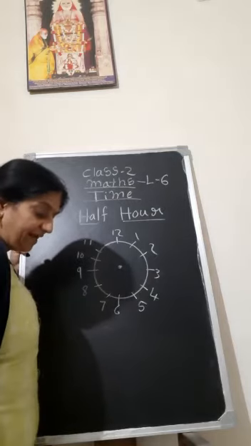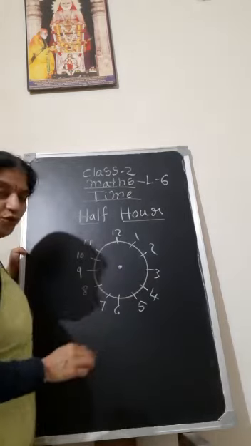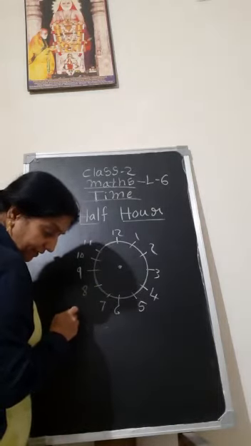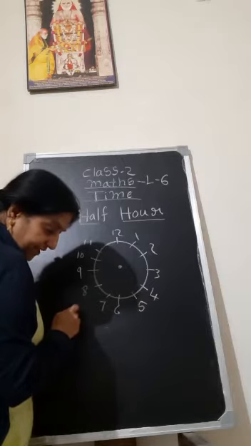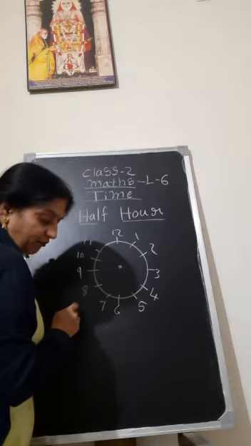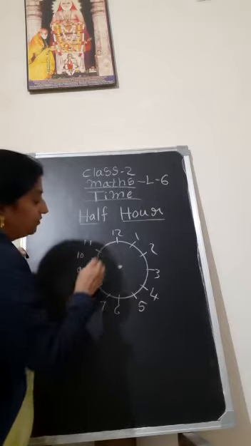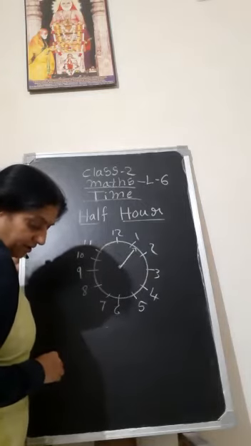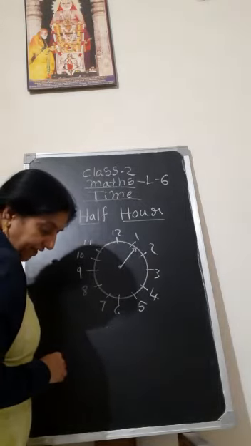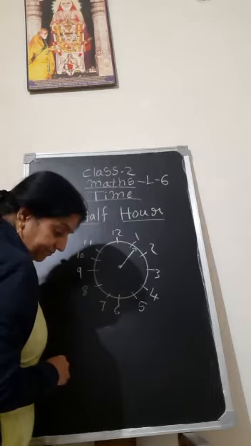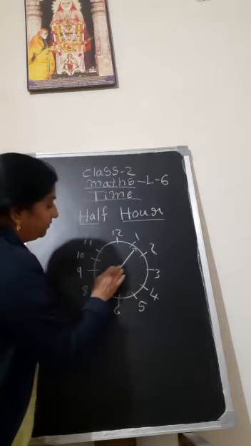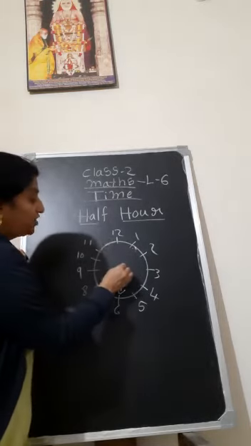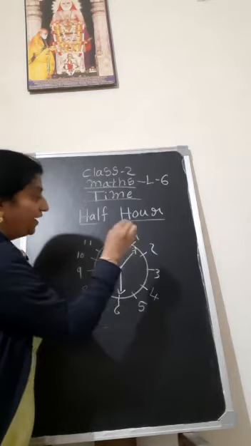For example, the longer hand is at the 6, and the shorter hand is in between 1 and 2.